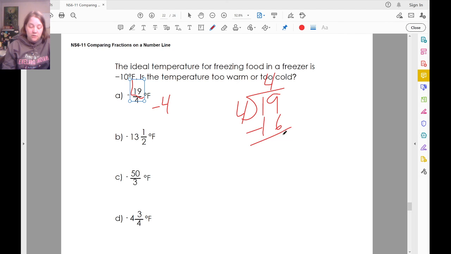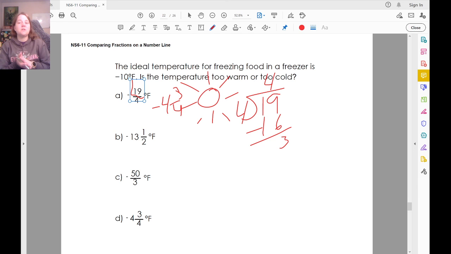It actually turns out to be -4 3/4. But the whole number is really all I need there, because I know that -4 is warmer. It's closer to positive numbers than -10. So this is too warm. Look at that beautiful sun.